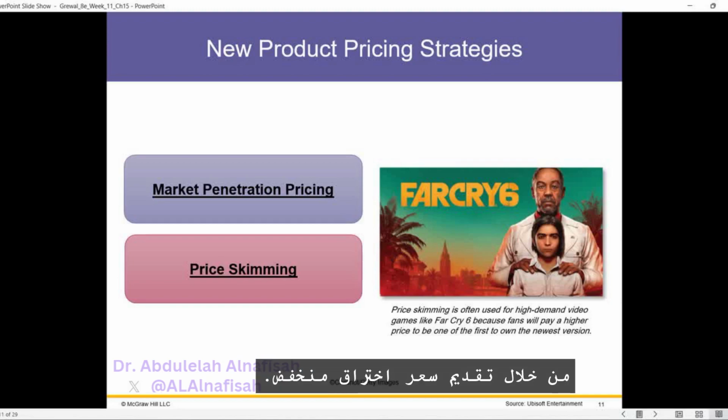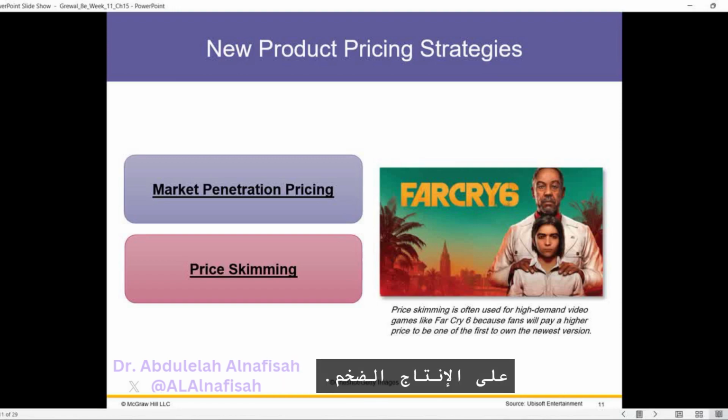By offering a low penetration price, companies aim to incentivize customers to purchase the product immediately, taking advantage of the absence of direct competition. This strategy often relies on mass production and economies of scale, which can help reduce the cost of producing each unit and enable the lower price point.